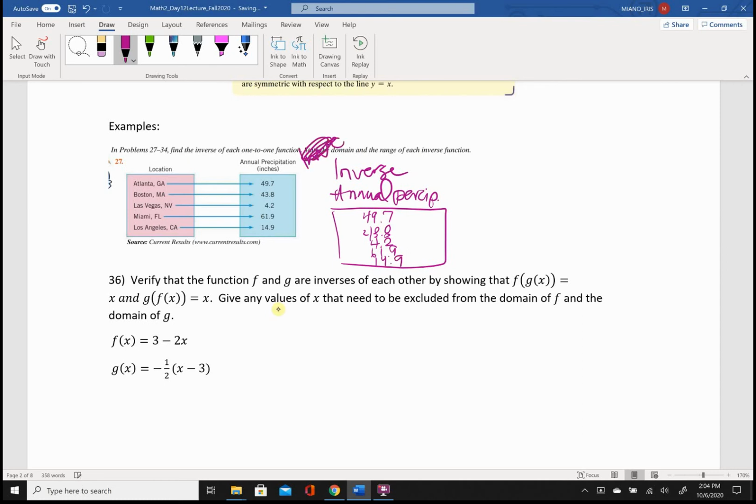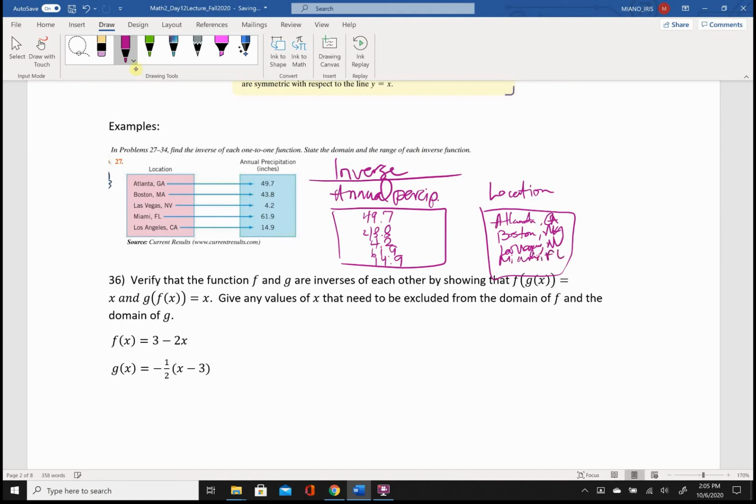Oh, sorry, I already wrote inverse. Get rid of that. Inverse is right here. So this is it. Annual precipitation, and that's going to map to the location, which will be Atlanta, Georgia, Boston, Mass, Las Vegas, Nevada, Miami, Florida.